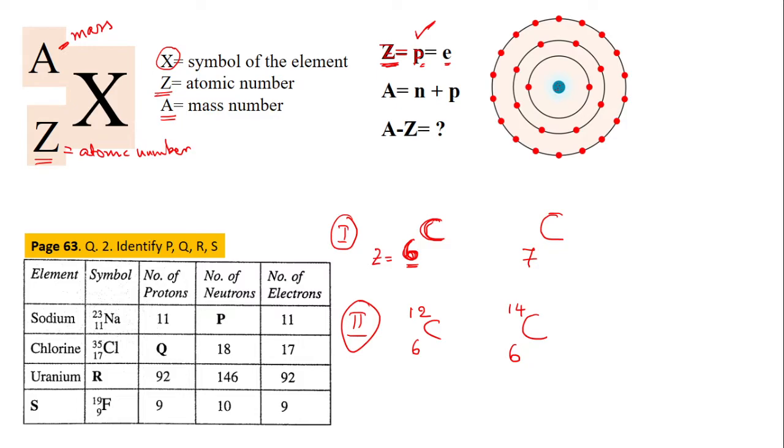In the modern periodic table, what we are following today, in the old times people used to think that mass is constant, but slowly they realized that mass is changing. But what does not change is the number of protons for an element. The number of protons for an element is constant, but mass can change.